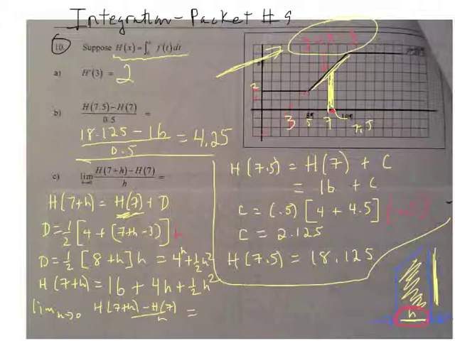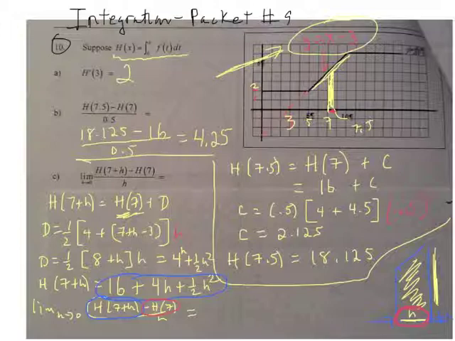Well, we just established that h of 7 plus h is this factor right here, and h of 7 is 16.